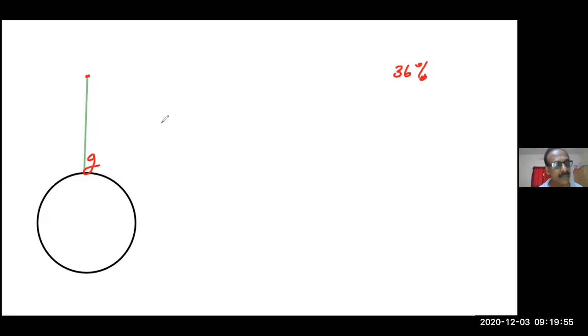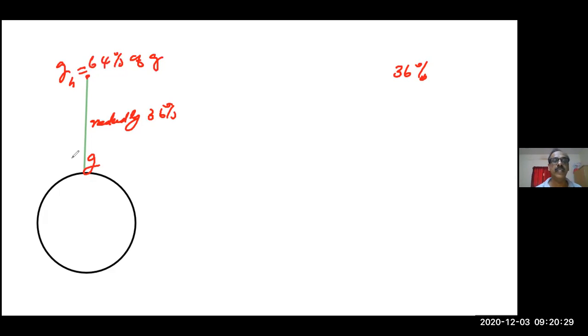At what height from the surface of the earth will the value of g be reduced by 36%? g is reduced by 36%. Then what is the g at this point? How much percentage will remain? 64%. 64% will remain now.